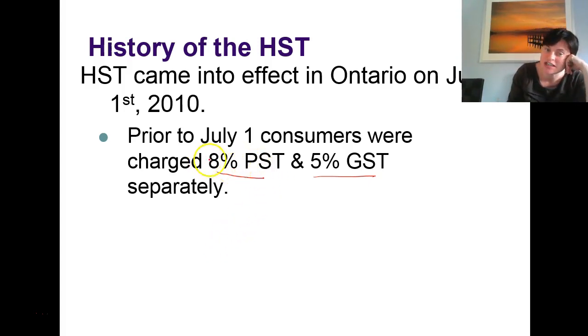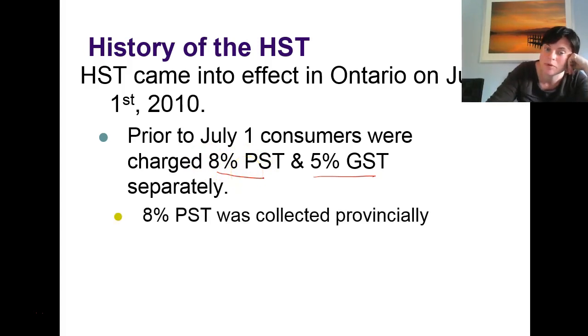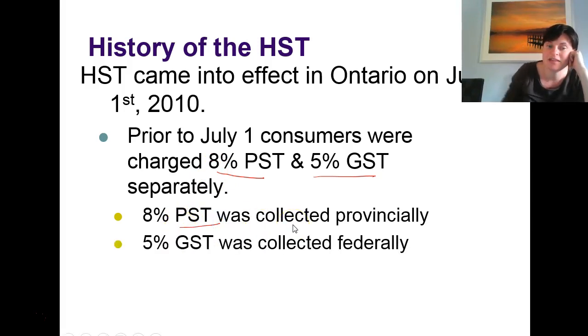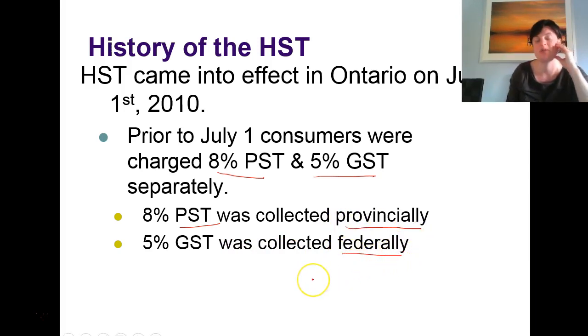The PST was collected provincially, and this stands for provincial sales tax. And the GST is called the goods and services tax, and it was collected federally. So this money goes to the province of Ontario, and this money goes to the federal government of Canada.